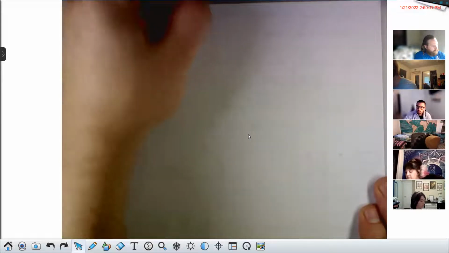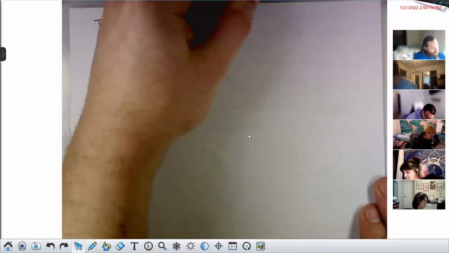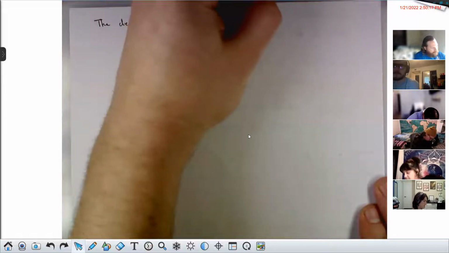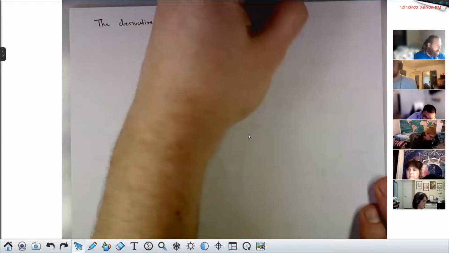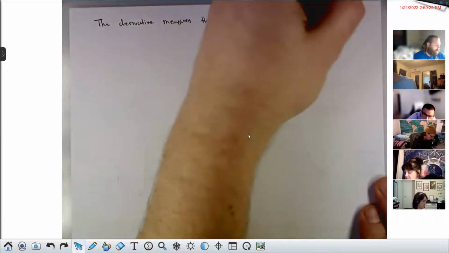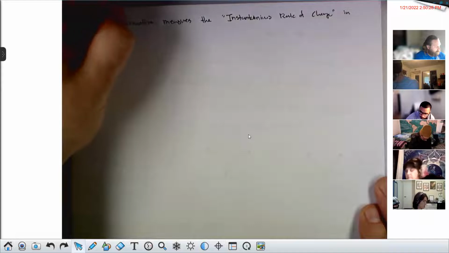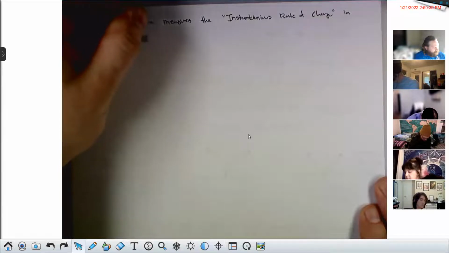It measures what's called the instantaneous rate of change in the output of the function.